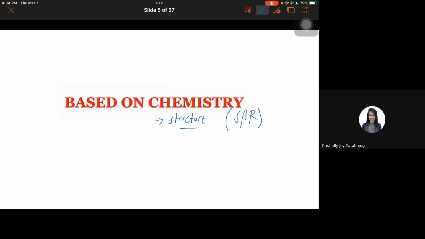Right? In your org meds, this is the focus when medicinal organic chemistry is being discussed. We relate the structure, the chemistry of the drug to its action, because there is really a connection. The MOA of drugs has something to do with structure, whatever is being observed in the structure of the drug.